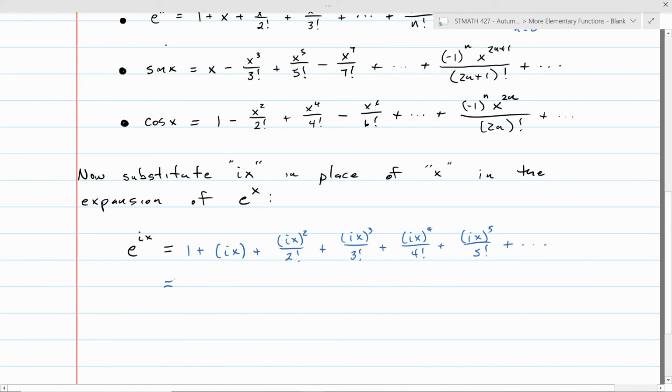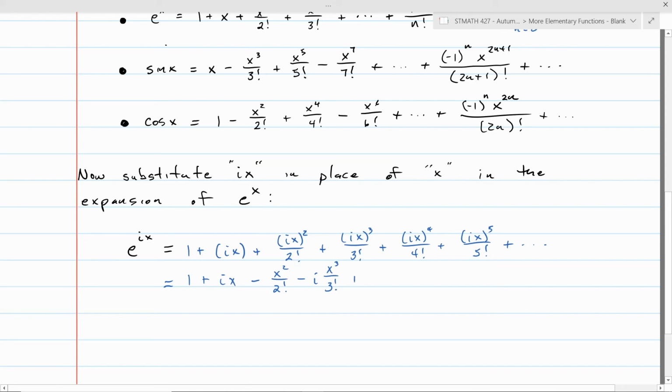So using what we know about powers of i, like i squared is -1, i cubed is -i, i to the fourth is +1, and so on, we can write this as 1 plus ix plus, then it'll be minus x squared over 2 factorial. Then it'll be minus i times x cubed over 3 factorial.